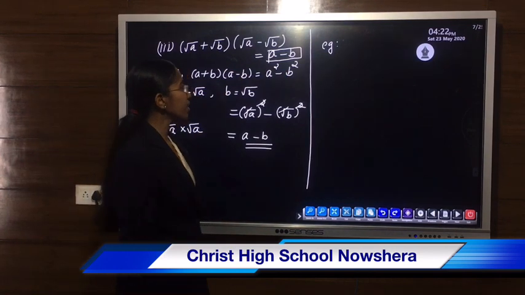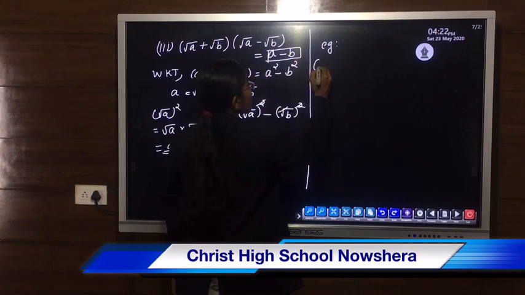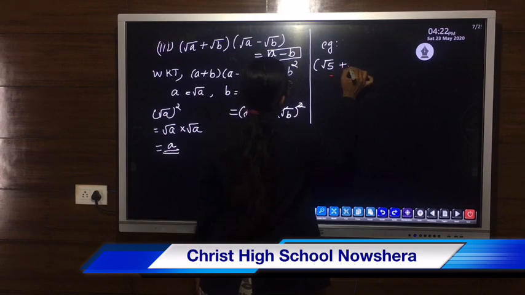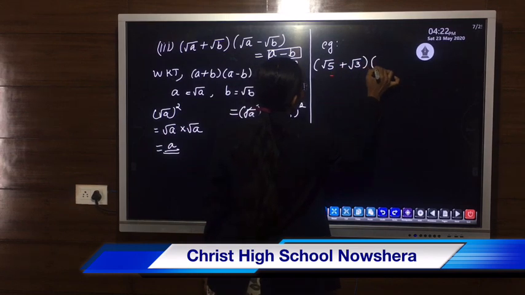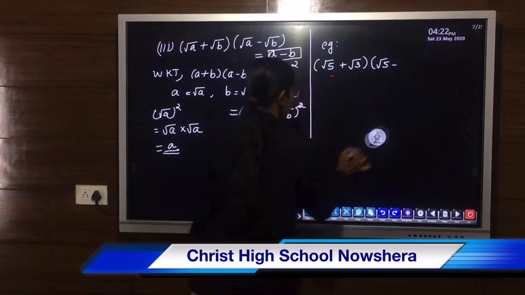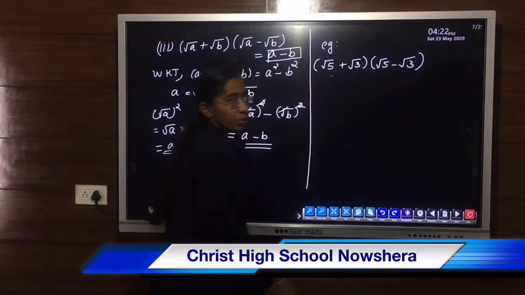So this is the answer. Just check with one example. Suppose this is my question. Root 5 plus root 3 into root 5 minus root 3.